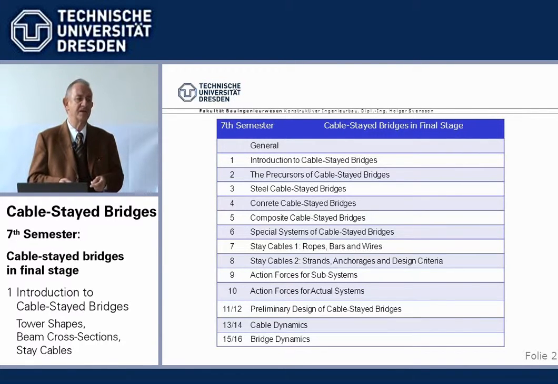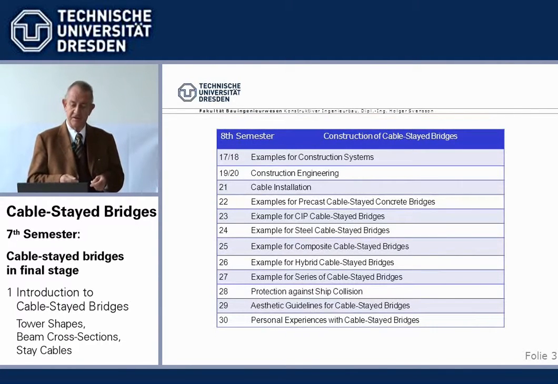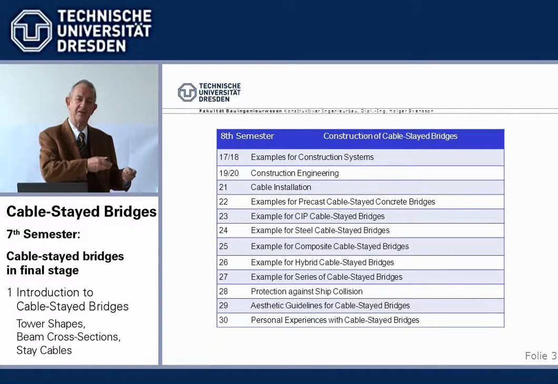thing together. Now, in the next semester, we will then talk about the construction of cable-stayed bridges. This is, for a practical engineer, at least as important, the construction, as the final stage.